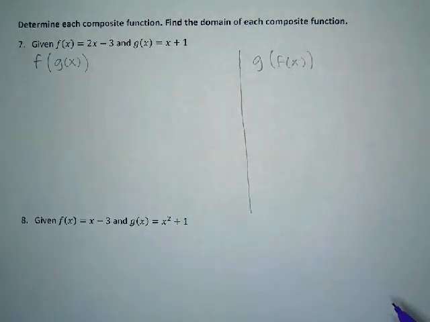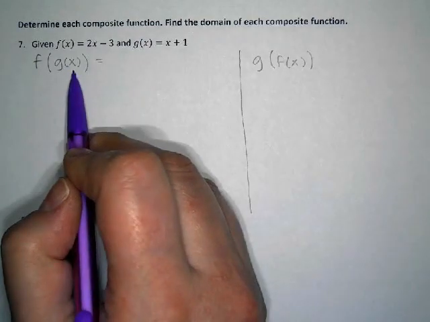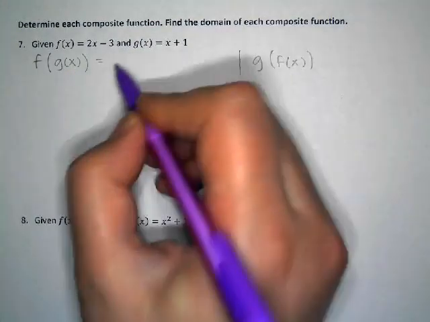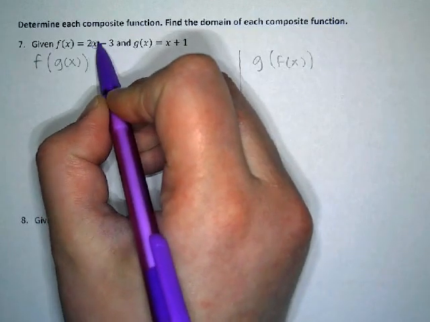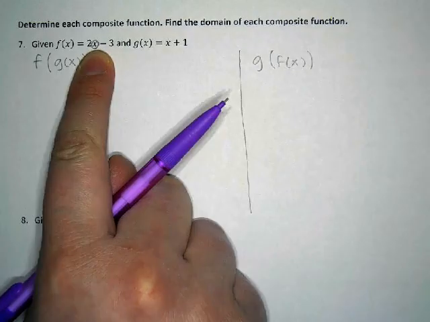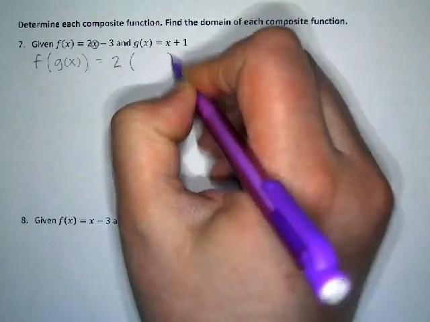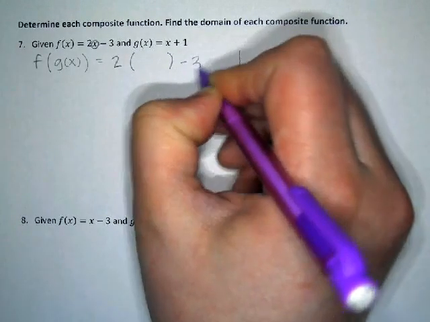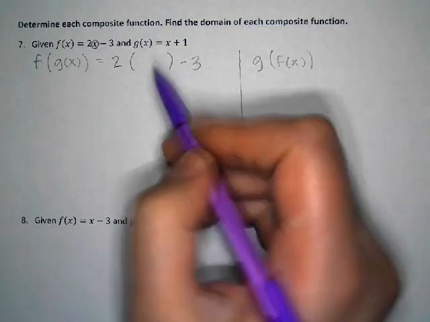So if I'm going to put G inside, that means that I'm going to write F out. And when I write F out, I'm not going to write the X down. I'm just going to leave space where the X was. So I'm going to say 2, leave space where the X was, minus 3. And where the X was, I'm going to put the G of X inside.